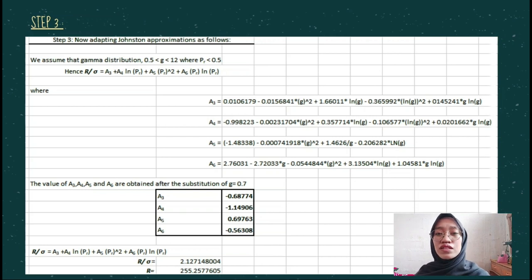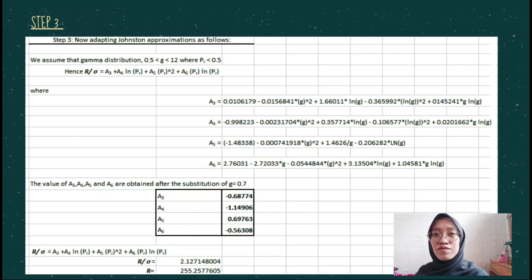Using the Johnston approximation, we obtain the values of A3, A4, A5, and A6 still the same, which are negative 0.68774, negative 1.14906, 0.69763, and negative 0.56308 respectively.